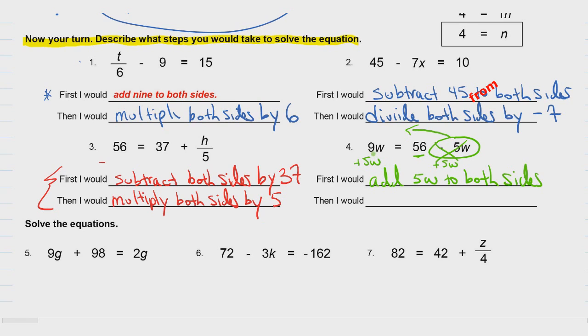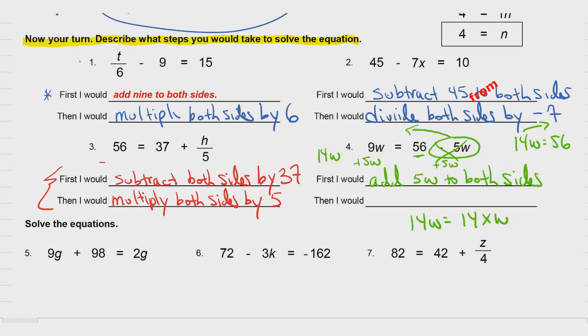Okay, so the 5w's gone. And over here, you would have 9 plus 5w. This would give us 14w. So basically, you're going to have 14w equals 56. Well, you're not going to move the w, you're not going to move the 56. You're going to have to move the 14. And again, 14 next to w means 14 times w.